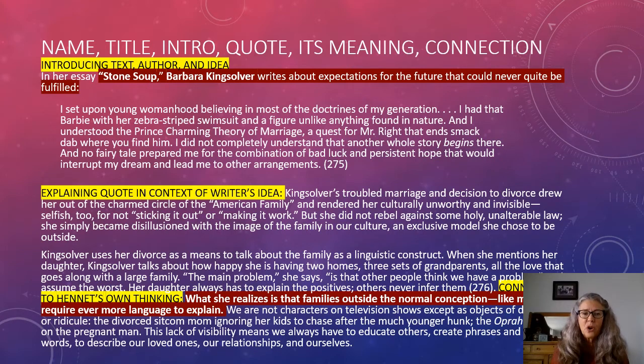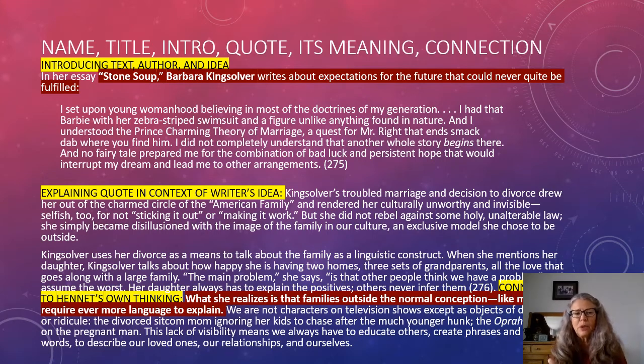Selfish, too, for not sticking it out or making it work. But she did not rebel against some wholly unalterable law. She simply became disillusioned with the image of the family in our culture, an exclusive model she chose to be outside. So we understand Kingsolver's idea, and we understand why this quote is here.